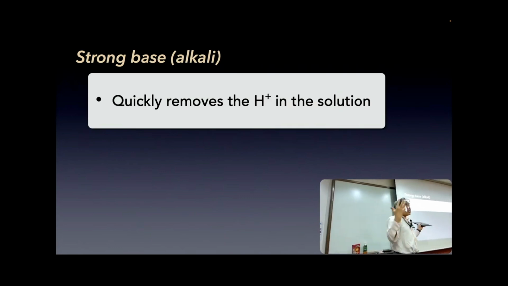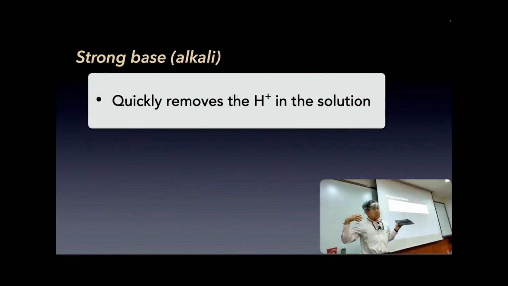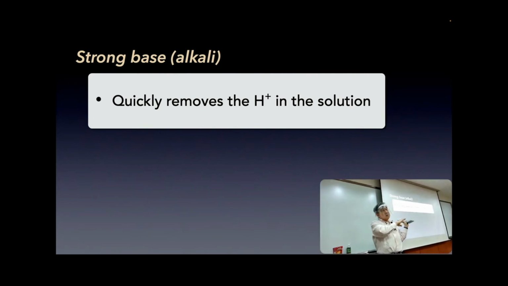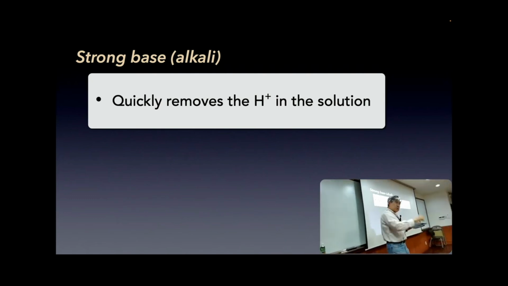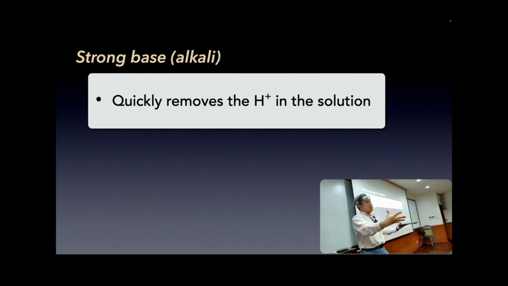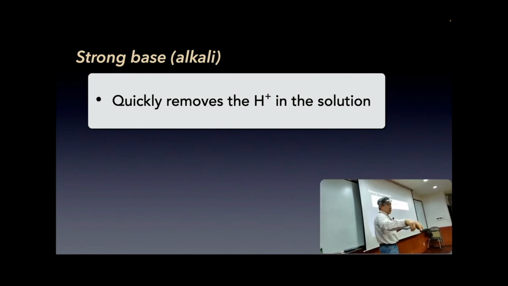When we think of a strong acid, the reason why some chemicals act as a very strong, nasty acid is because when they are put into the solution, that chemical will immediately generate hydrogen ions into the solution.